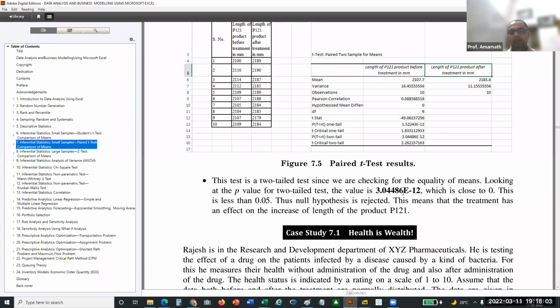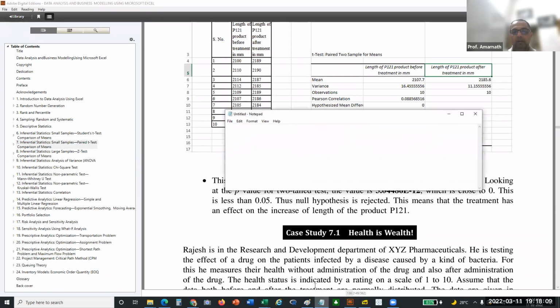The value is 3.04, after 11 decimal places: 0.1, 2, 3, 4, 5, 6, 7, 8, 9, 10, 11, then 304. So definitely this is less than 0.05, our alpha level.